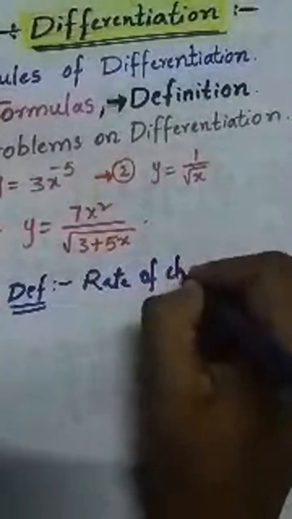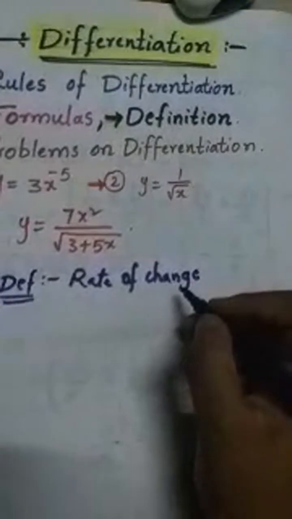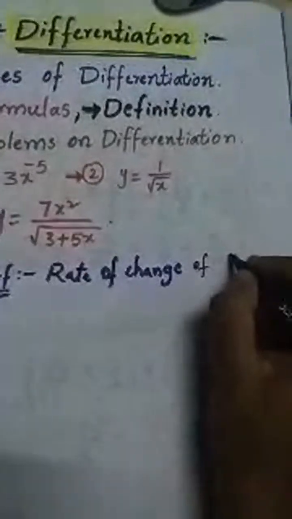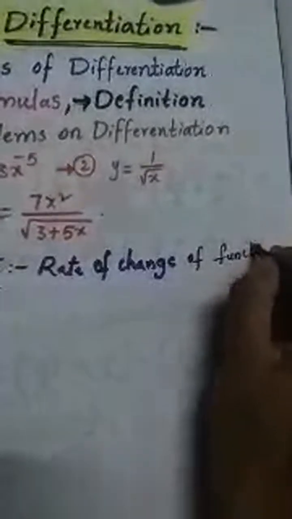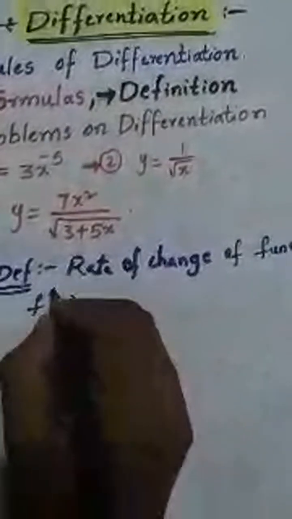This rate of change of function is known as differentiation. That is function f of x, and we have to differentiate with respect to x. Okay, this is meant by differentiation.